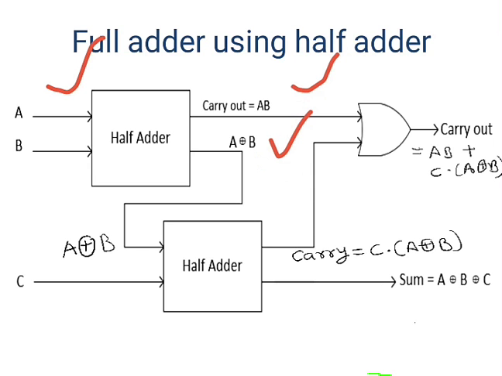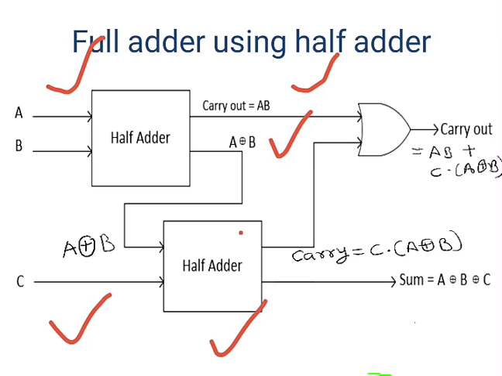Now give this sum output to the second half adder. So it is given A XOR B. Then give another input C to the second half adder. Next, the carry of the first adder remaining, give it to the OR gate. So it is AB. The carry of the second half adder also give it to the OR gate.